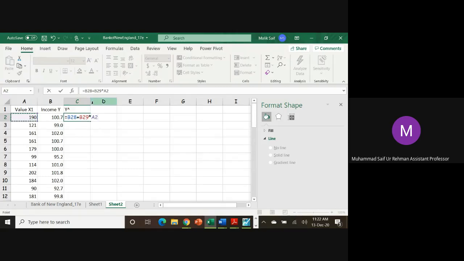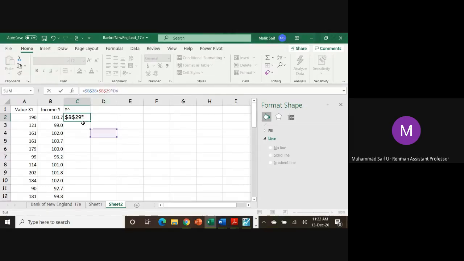And if you recall the previous lecture, I solved an example similar to this, where I gave dollar signs to these fixed values that we don't want to change.